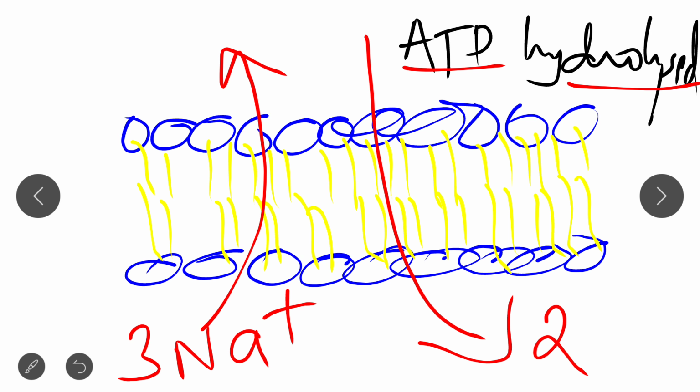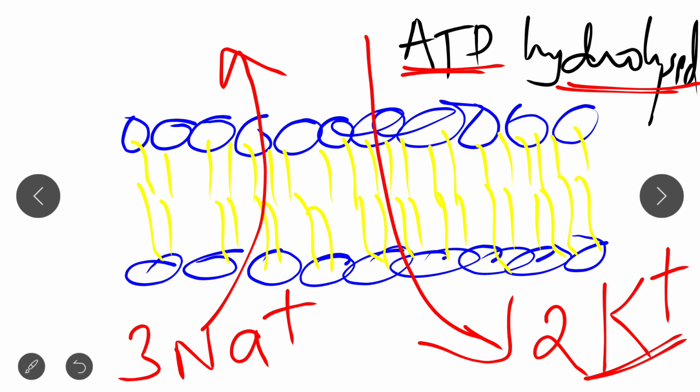This arrow represents 3 sodium moving outward, and this arrow represents 2 potassium moving inward when one molecule of ATP is hydrolyzed, as you can see in this figure. So this is the mechanism.